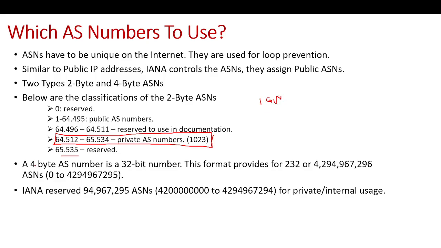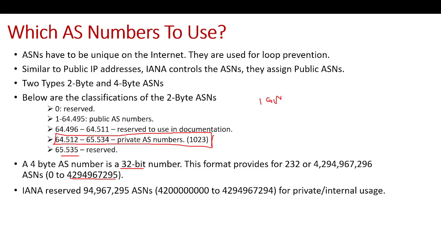For the 4-byte AS numbers, this is now 32-bit. So you can see that now we have this many autonomous system numbers, which are enough. The idea of the 2-byte and the 4-byte is similar to the idea of IPv4 and IPv6.